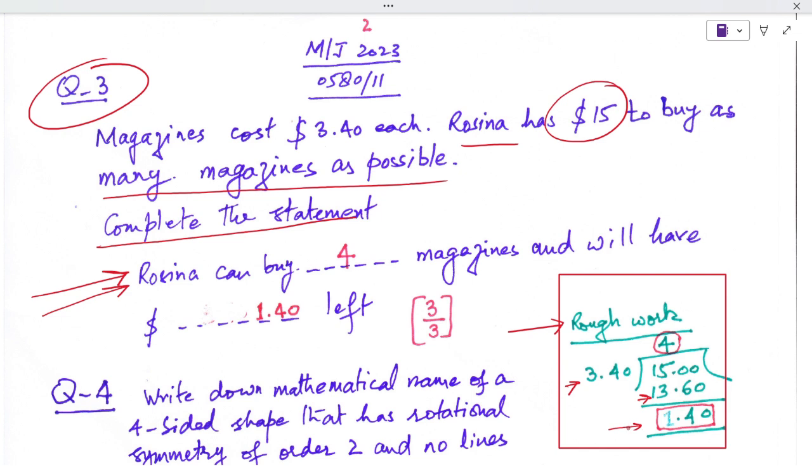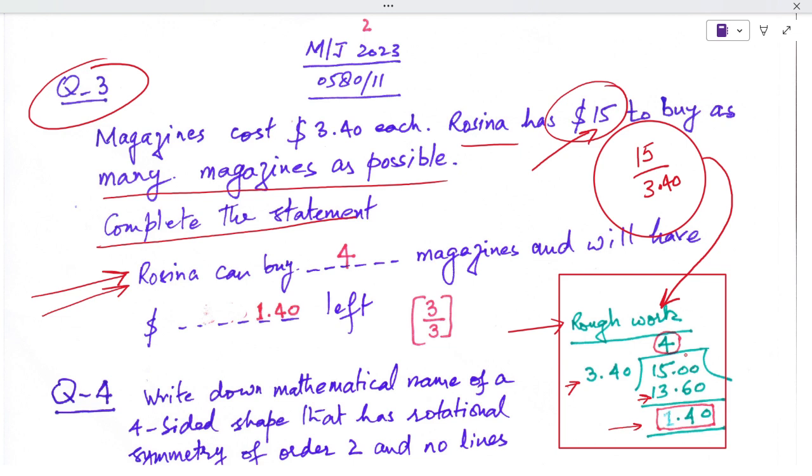I repeat again, in this type of question, the total amount available has to be divided by the cost of one item, which is $3.40. So we can do the division work in the rough column and find out the total number of magazines and the amount left.